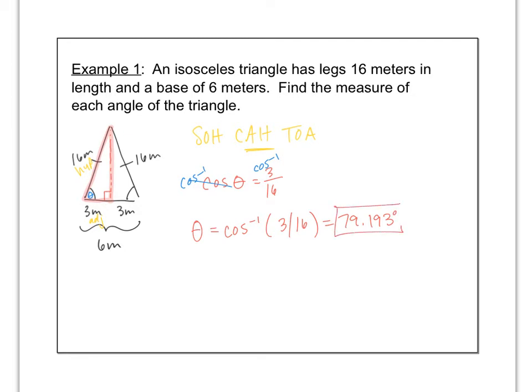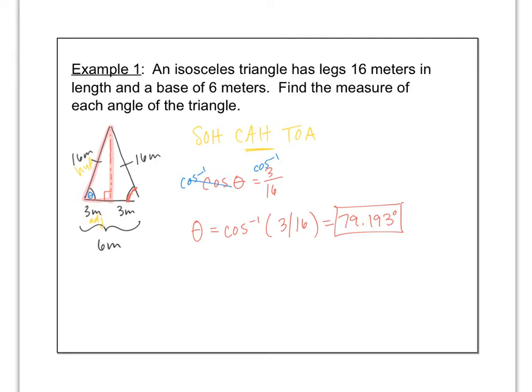So this is theta. Now remember, in this triangle, we have two base angles and they're going to be congruent. So this other base angle will also be 79.193. Together in the original triangle, the angles have to add up to 180.